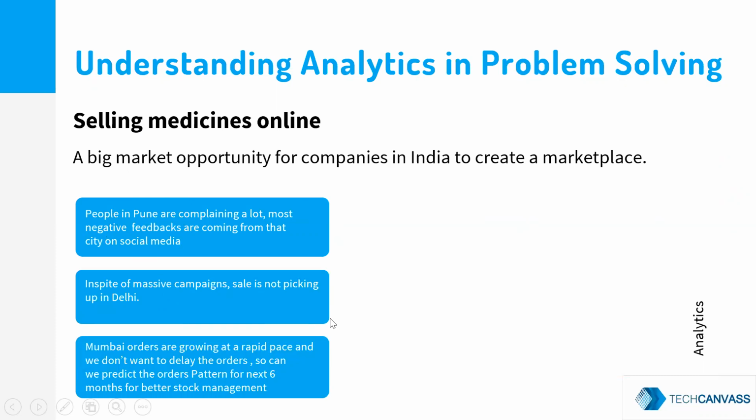Another problem is that orders in Mumbai are growing at a very rapid pace, but the rate is so fast that there is a danger they will not be able to keep up with the orders. So they want to know in advance what the pattern of orders is going to be for the next 3 months or 6 months. These are the three problems the company is facing.